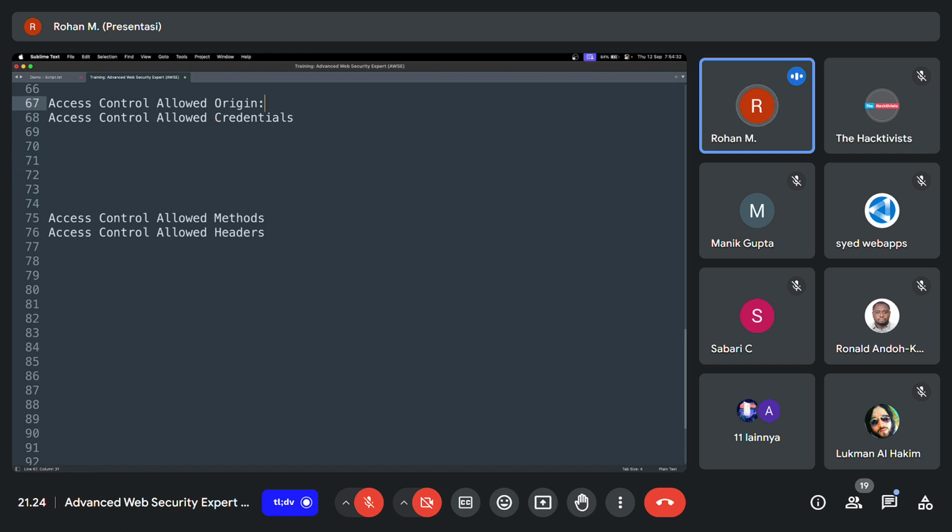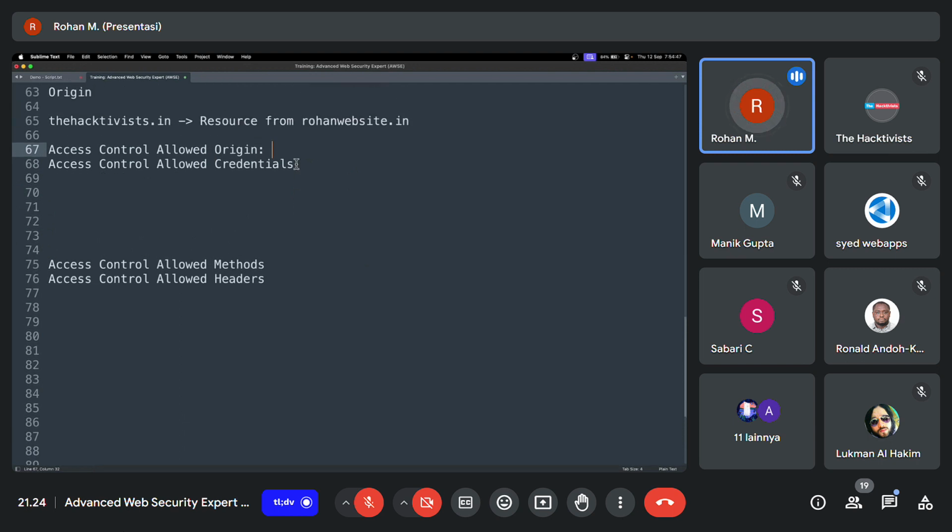So when you say access control allowed origin, it means that all of those origins that are allowed by the developers, by the organization, by the origin to be able to access the resource. For example, our scenario is that the hacktivist.in wants to access the resources of Rohan website.in. So what will happen at the server of Rohan website.in?